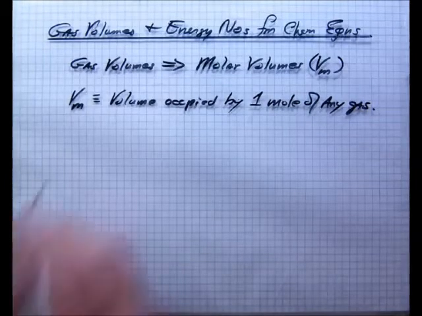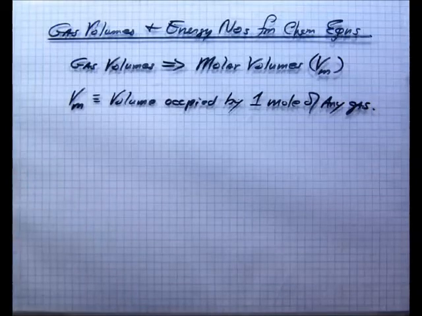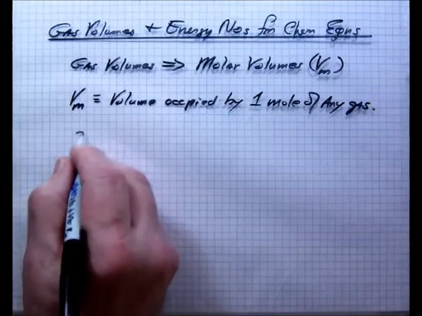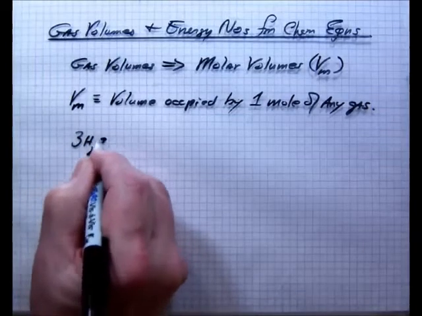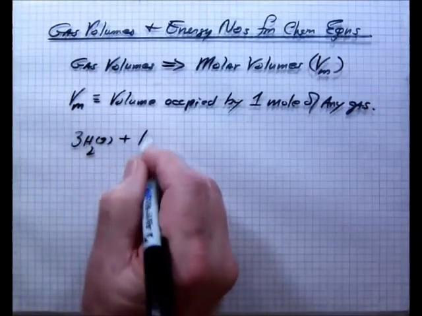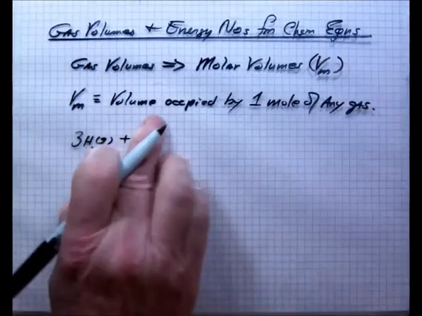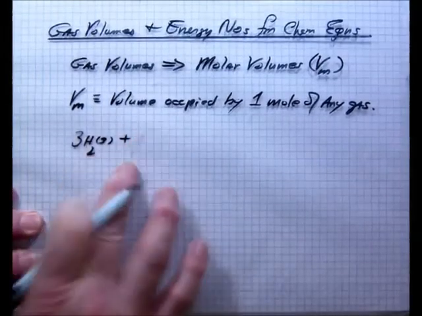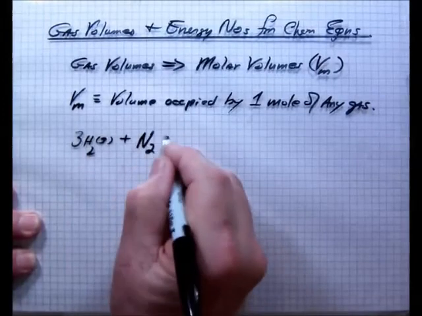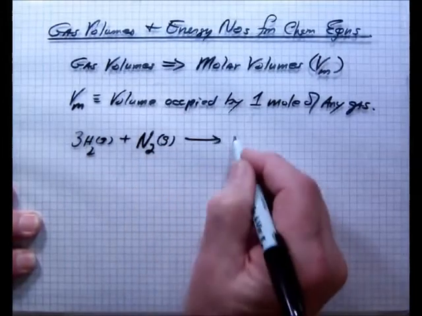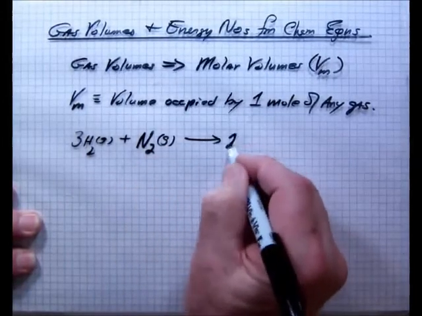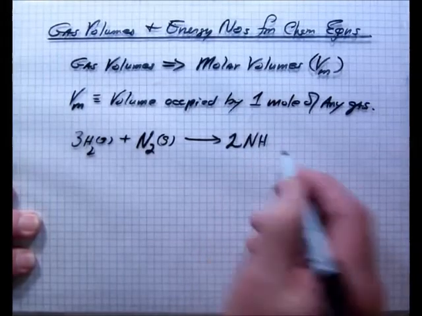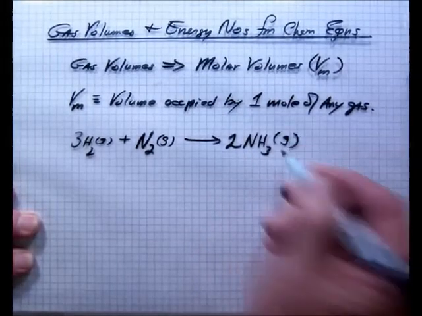The equation we're using, I like this one because all of the coefficients are different. The ammonia: 3H2 gas plus N2 gas, I'm making a mess, N2 gas goes to ammonia gas.